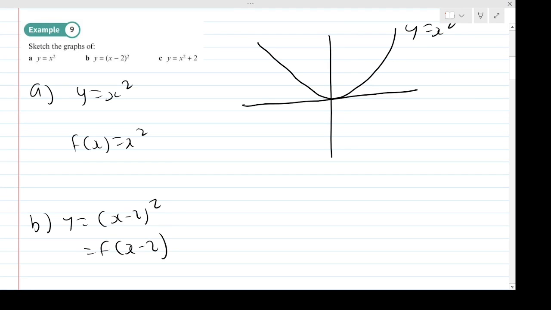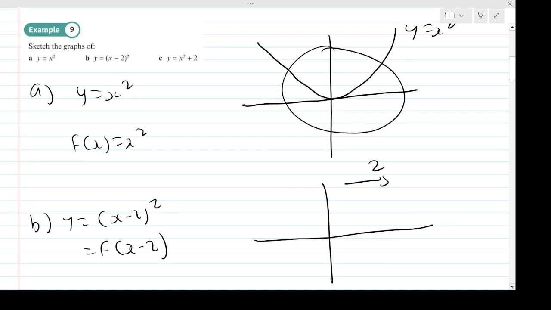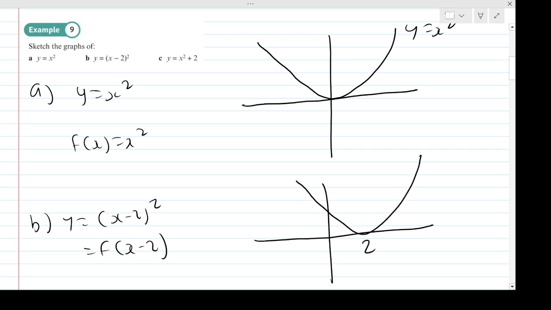And so then what we do inside the function, we do the opposite. So what this would mean is we subtract 2 from x, which would move it 2 to the left, but actually we do the opposite and add 2 to x. So all the x's increase by 2 and we shift to the right. So the x squared graph, we shift to the right by 2. So it would look something like that, and then it'd be at 2.